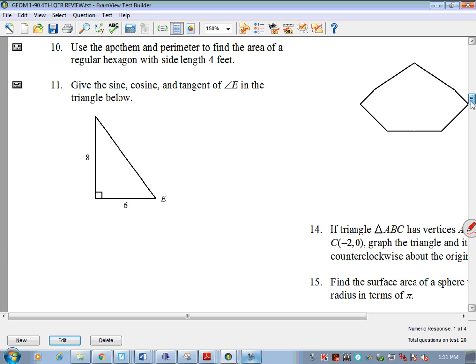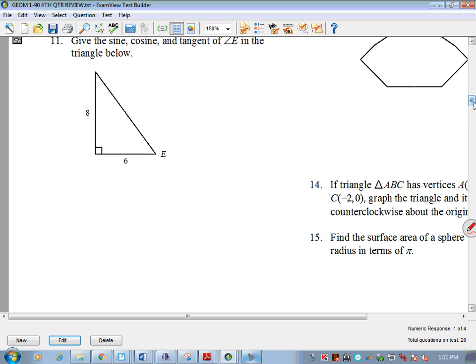All right, number 11. Give the sine, cosine, and tangent of angle E in the triangle below. I can find tangent, but I can't find sine or cosine without what? The hypotenuse.